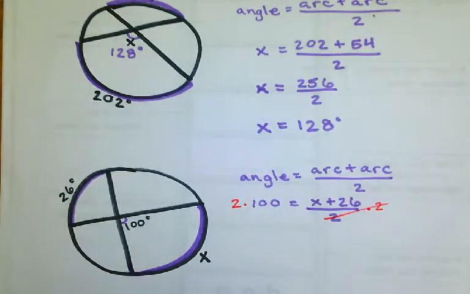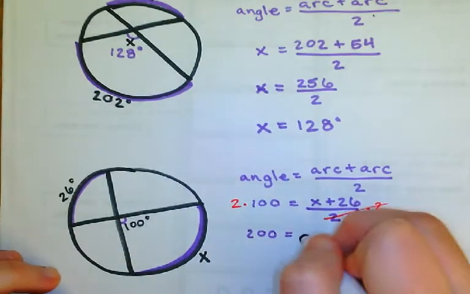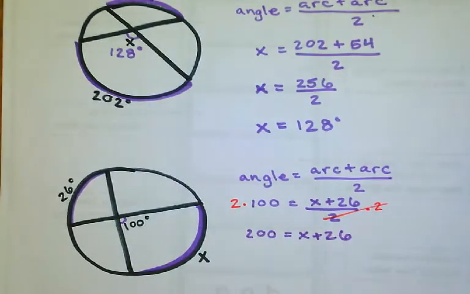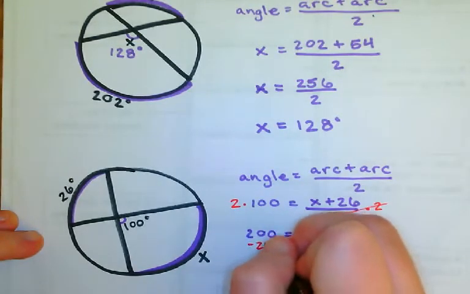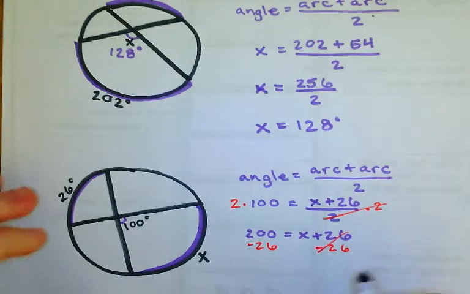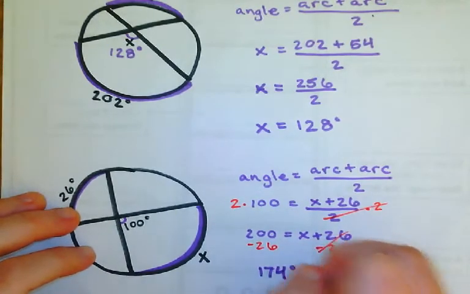Alright, so now we have 200 equals x plus 26. How are we going to get x by itself? Subtract that 26. So 200 minus 26 is 174.